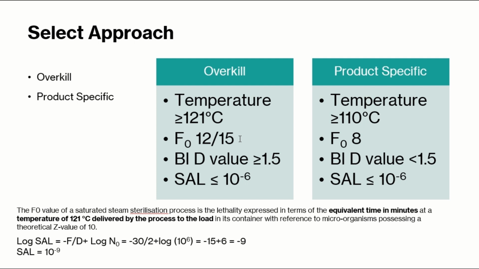Overkill is more about heat stress to your product, with temperatures of more than 121 degrees to achieve an F0 of 12 or 15, looking at the market where the D value of the BI must be more than 1.5, and it should be Geobacillus stearothermophilus. For the product specific approach, it could be a temperature of more than 110 degrees, followed by the requirement, and you could choose another biological indicator, such as Bacillus subtilis.